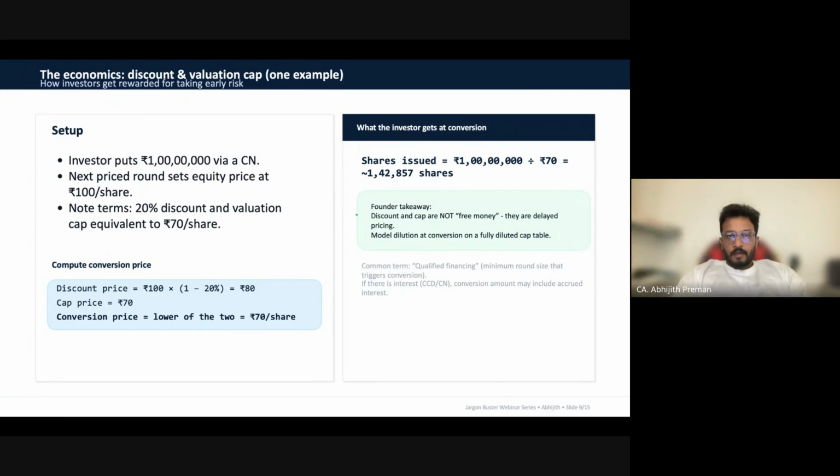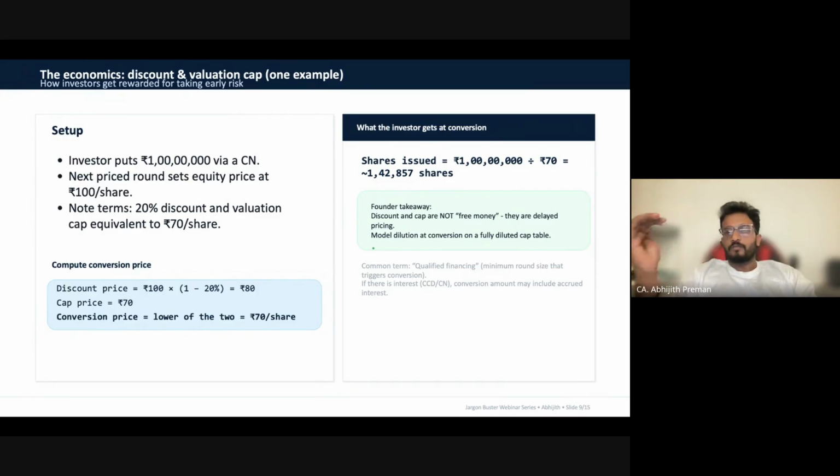Discount and cap are not free money. They are delayed pricing. Model dilution at conversion on a fully diluted cap table. When structuring the deal itself, you will have to work out what happens if the shares get converted at 70 rupees per share, and how many shares you are going to give the investor. You have to understand the dilution percentage upfront, the highest percentage that you're going to give to the investor.